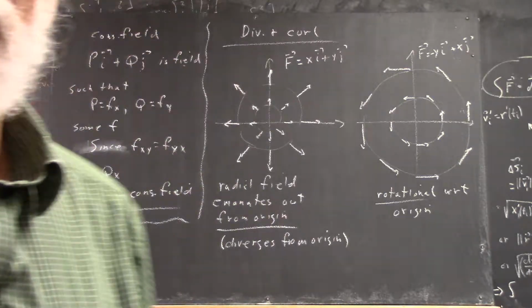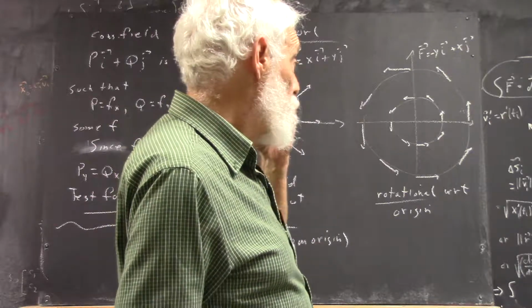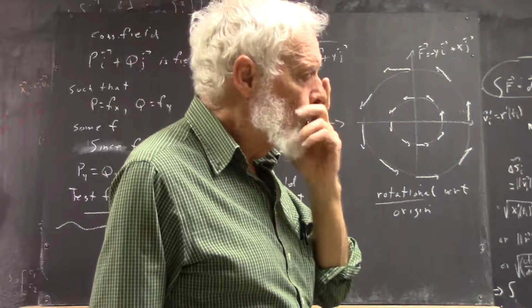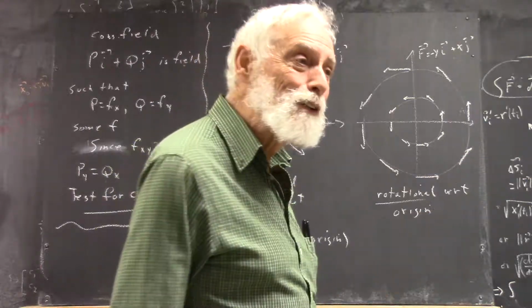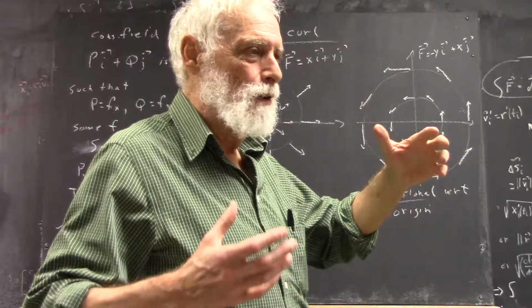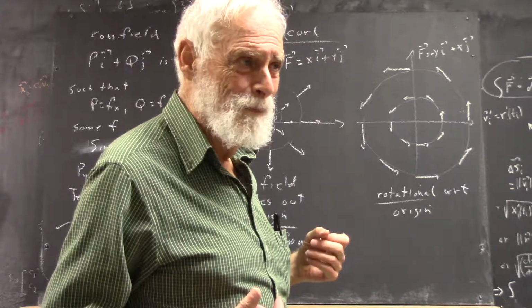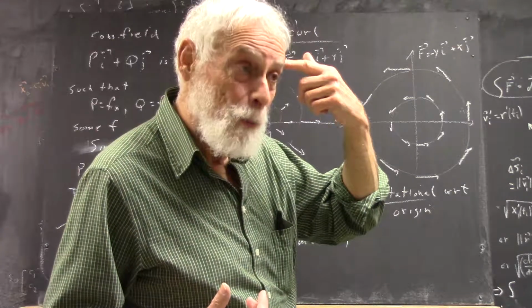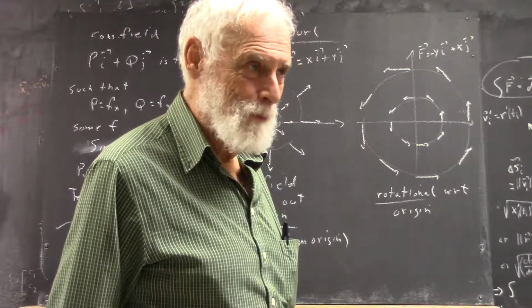I start with this example because when I was taking multivariable calculus, or even some physics course, I forget where it was, a graduate student tried to answer the question, what does a curl mean? And he gave some sort of abstract definition that I knew related to circulating fluids or something, but it wasn't simple enough for my feeble brain to comprehend in the context in which we were working, which was electromagnetism.